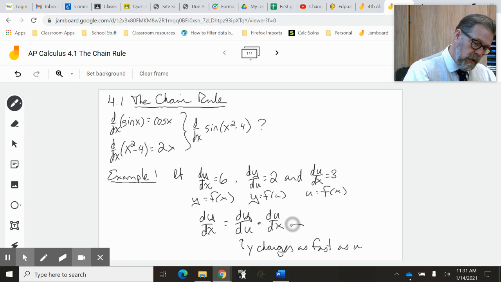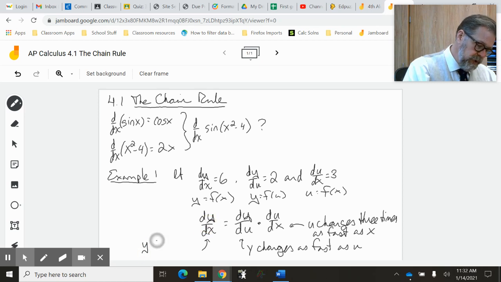And here we are saying that u changes 3 times as fast as x. And therefore, y changes 6 times as fast as x.